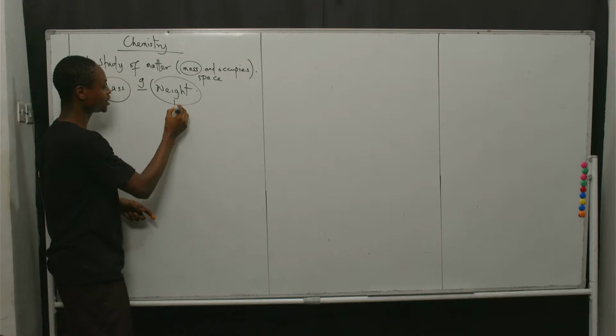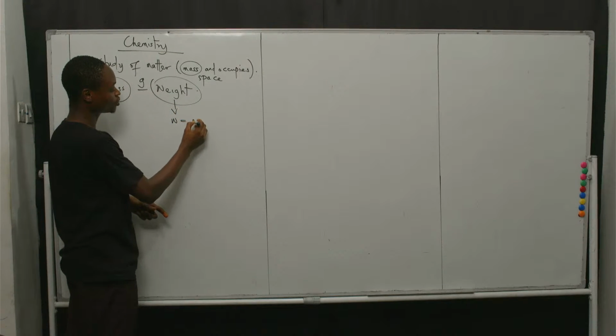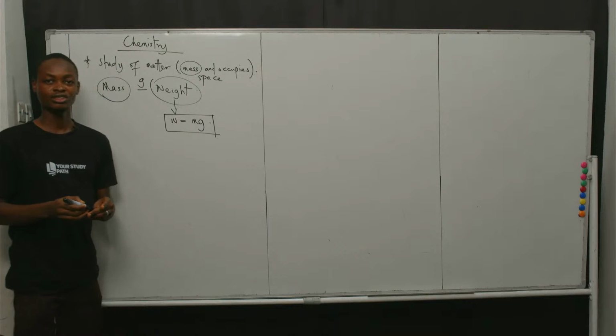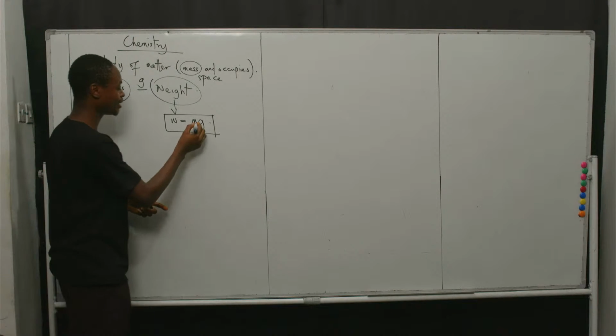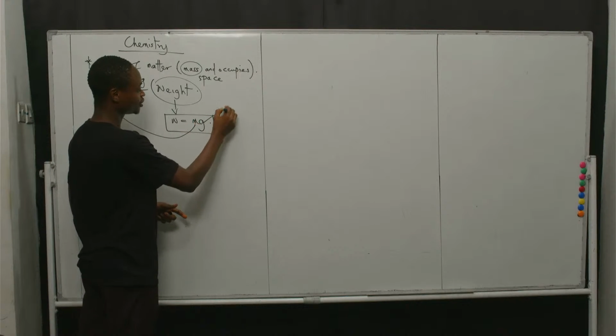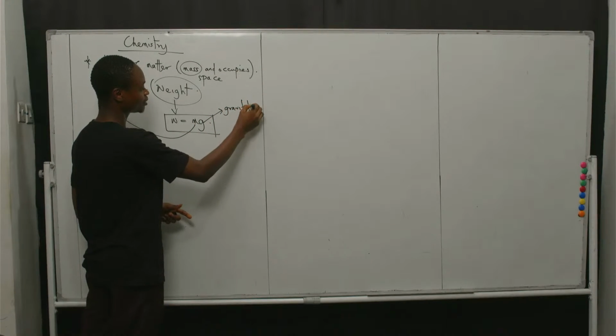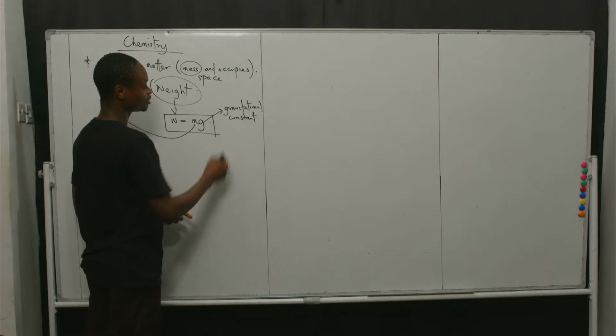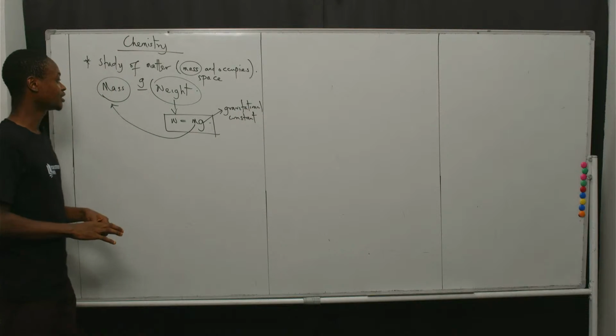And that's why we'll say that W is equal to mg, which is a formula that is very, very common in physics class, right? Where m is the mass and this g is your gravitational constant. Sometimes it's 10, sometimes it's 9.8, as the case might be.